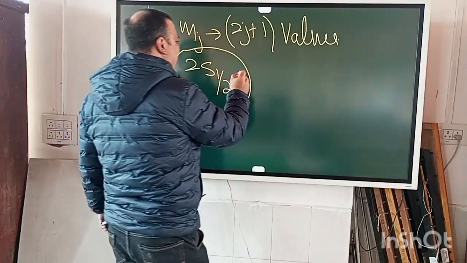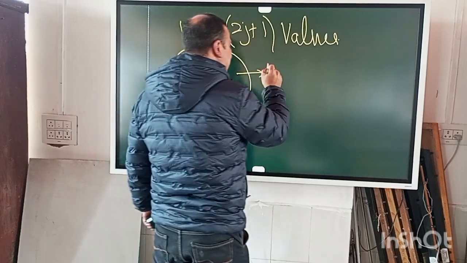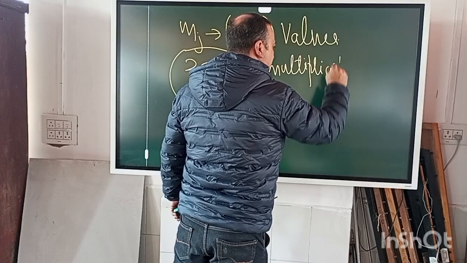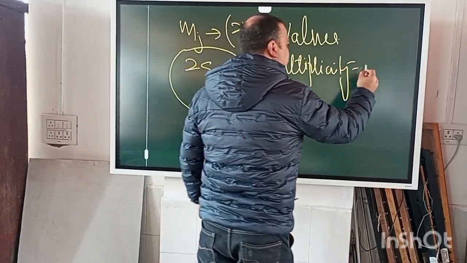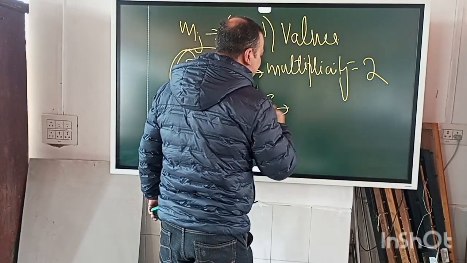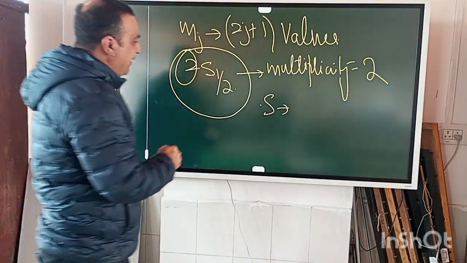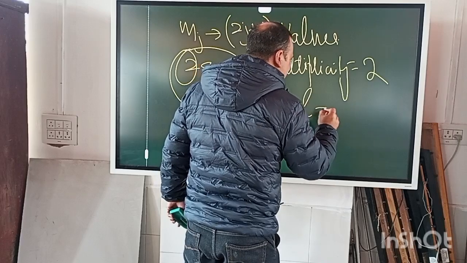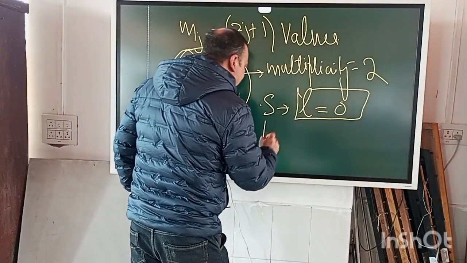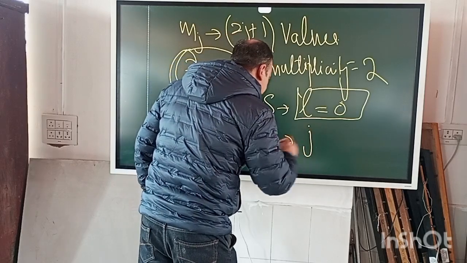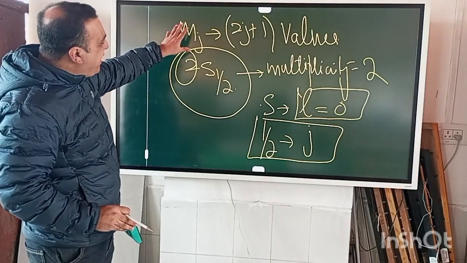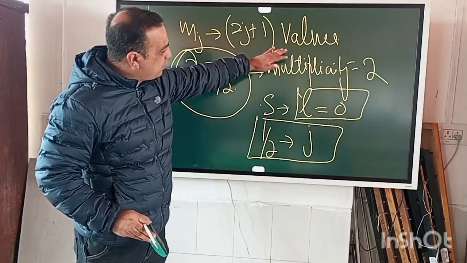It means that the multiplicity of this atom is equal to 2, that is this, and this S is referring to the orbital quantum number being 0, and this 1/2 is the value of J. So mj will have 2J plus 1 values.